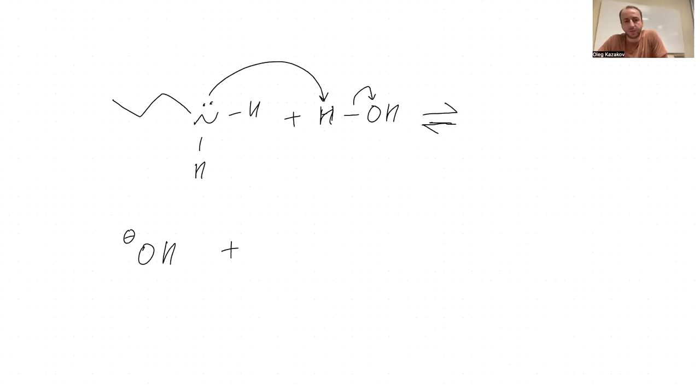So what's going to happen is that we are going to redraw this. Sorry, this is a propyl, 1-propanamine, right? So that's your propyl chain right here, only 3 carbons, and then you have the nitrogen. It's going to look like this. You have the original hydrogens, and now this hydrogen, which is now here.